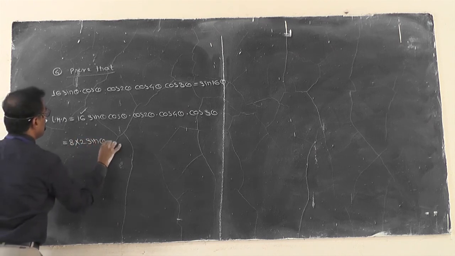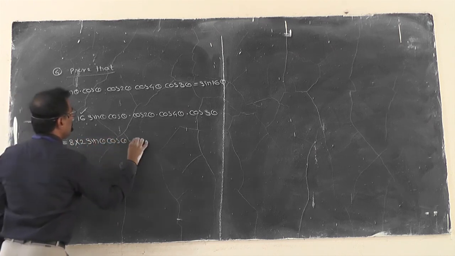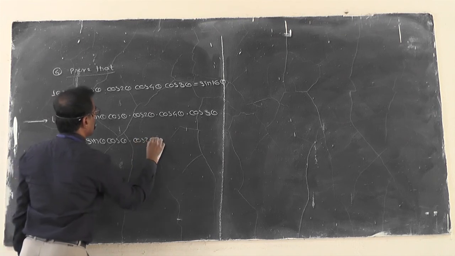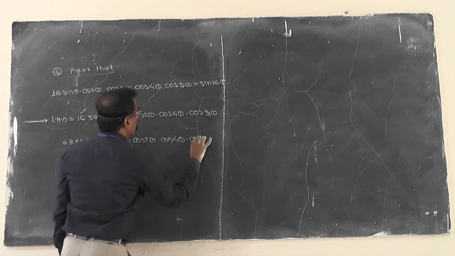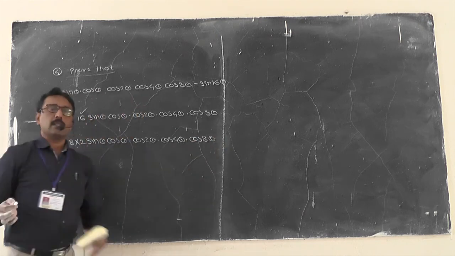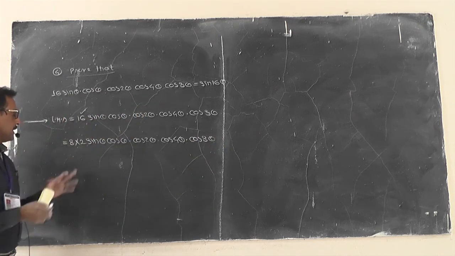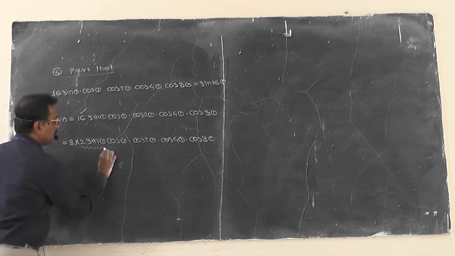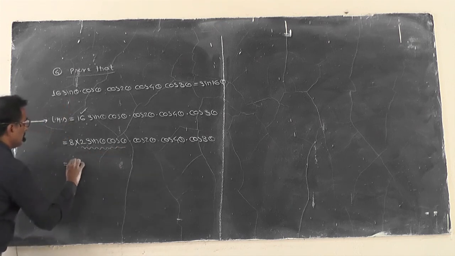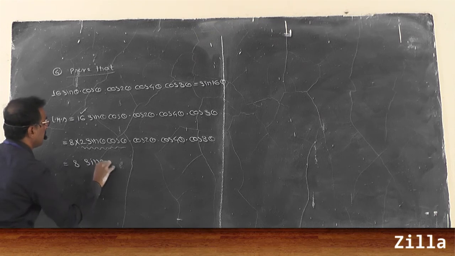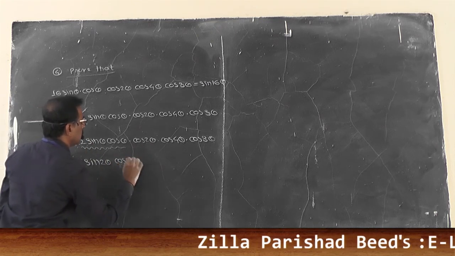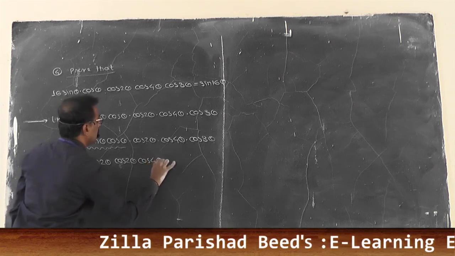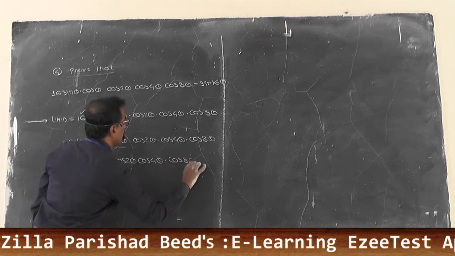Now we know the formula 2 sin theta cos theta is sin of 2 theta, and the remaining portion is cos 2 theta into cos 4 theta into cos 8 theta.